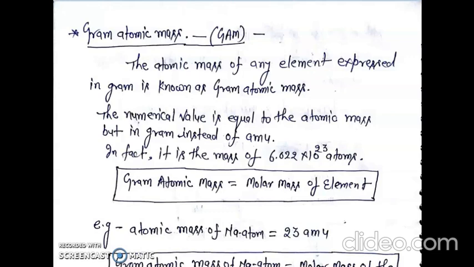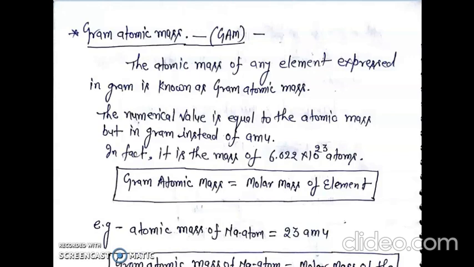For example, atomic mass of the sodium atom is equal to 23 AMU, and the gram atomic mass of sodium is equal to 23 gram.